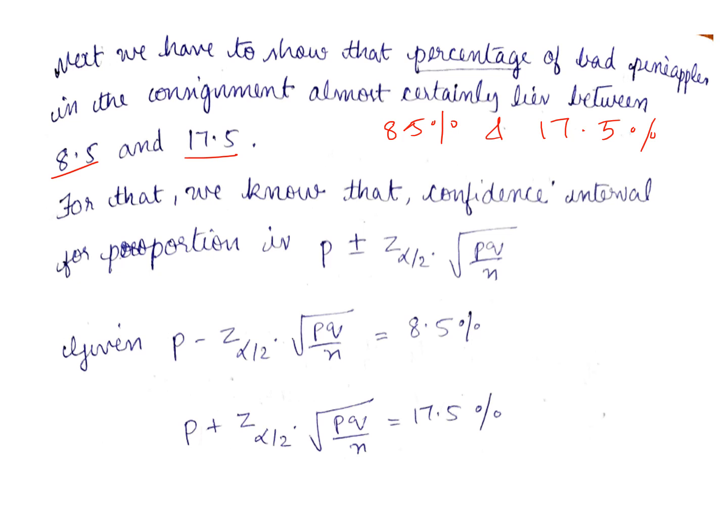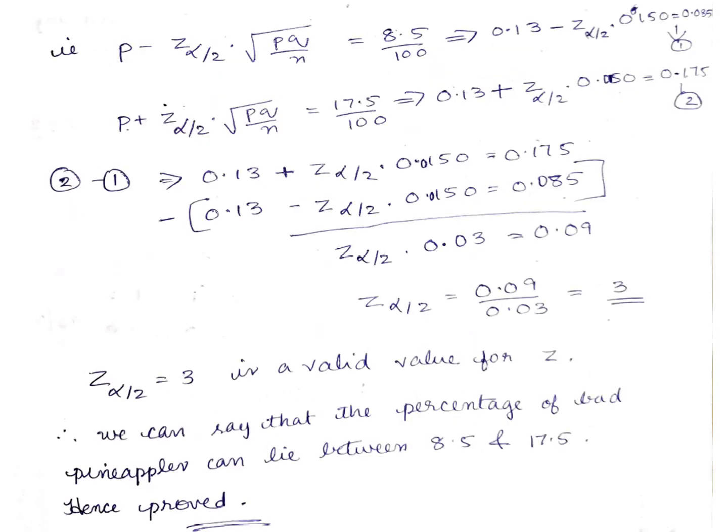Now we write this percentage in terms of decimals. So P minus Z alpha by 2 into square root of PQ by n is equal to 8.5 by 100, and after substituting the P and Q values, it becomes 0.13 minus Z alpha by 2 into the standard error value, 0.015, is equal to 0.085.